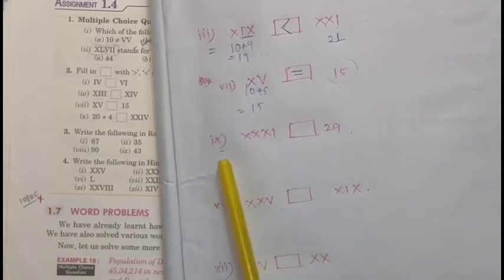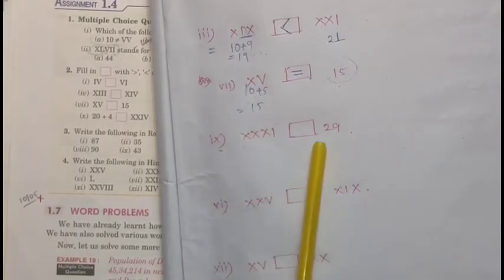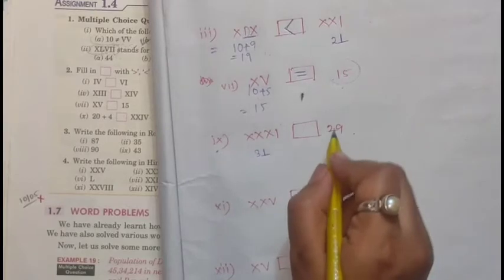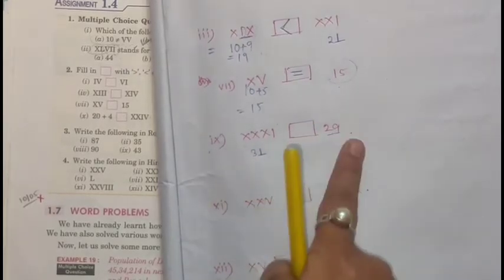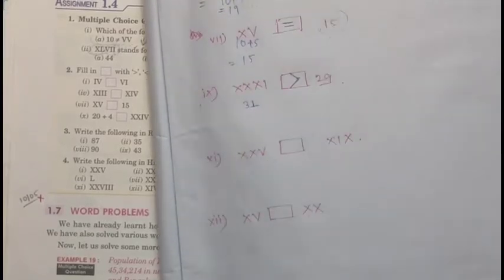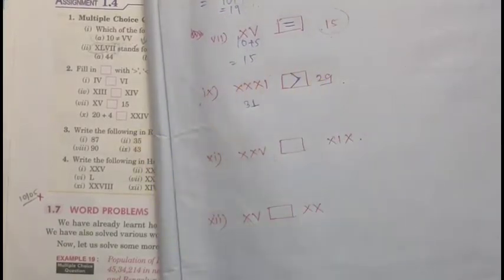Next one, XXXI, and then in that side 29. So the value of this number is 31 and the value of this is 29. So 31 is greater than 29, so we need to put here the greater than sign.